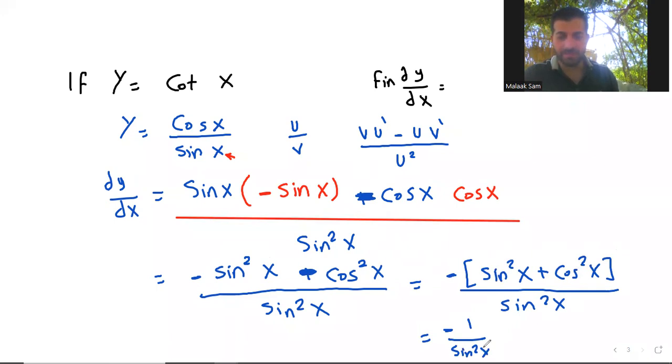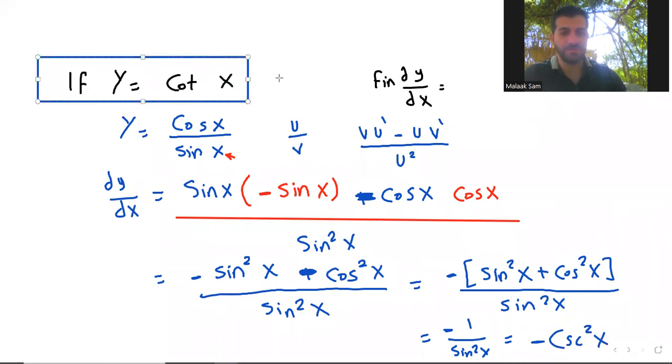And this is equal to what? 1 over sine squared x will be equal to negative cosec squared x. So here the derivative of cot x is equal to negative cosec squared x. That's it.